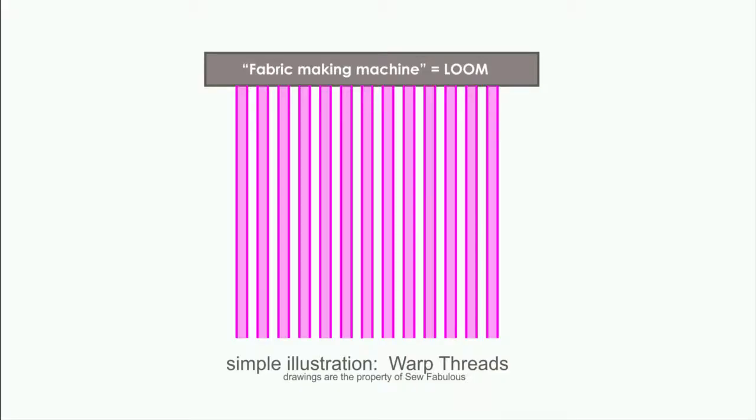When preparing a loom for production, thousands of very long and strong threads are tied to the machine. These are called the warp threads, and in the finished fabric will run the entire length of the roll of fabric. Warp threads are usually stretch resistant.